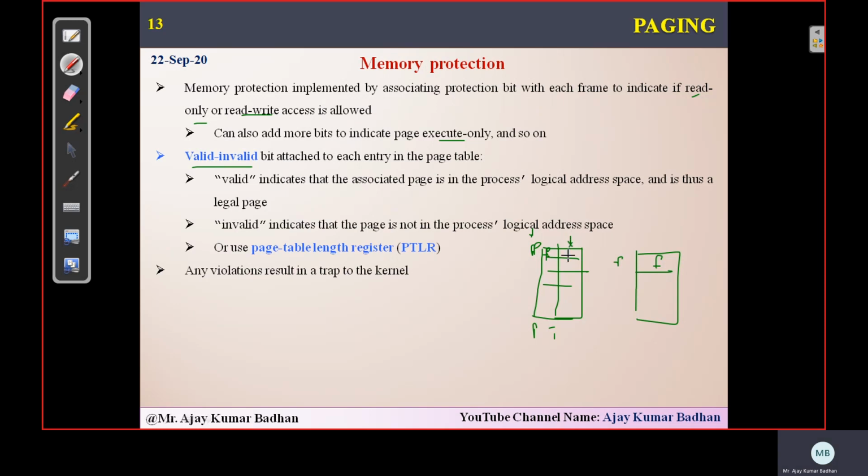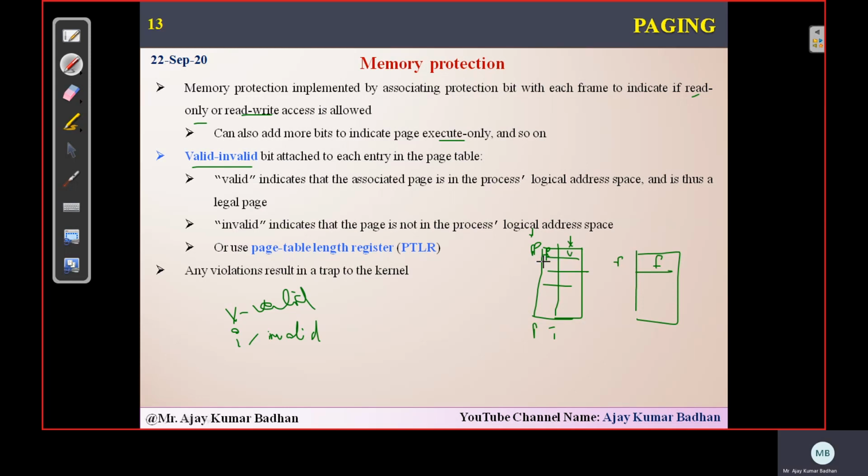Along with that, we will have something called a bit, that is nothing but the valid-invalid bit. Valid is represented with V, and invalid will be represented with another terminology that I'll show you in the diagram, like I. You can use I for invalid and V for valid.